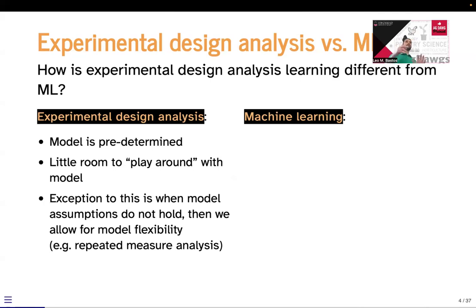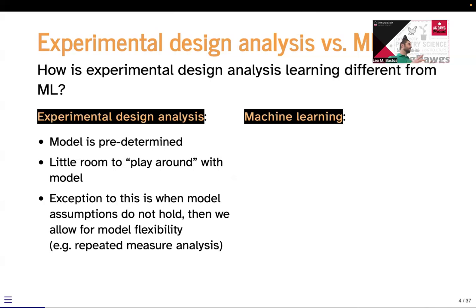So in that case, you play around a little bit with the model, but notice and recall when we were doing repeated measures, you're not really playing with the model as far as the fixed effect terms. We're just trying to allow the error matrix, the correlation matrix, to be more flexible, right? It's not like we're adding things and removing things.